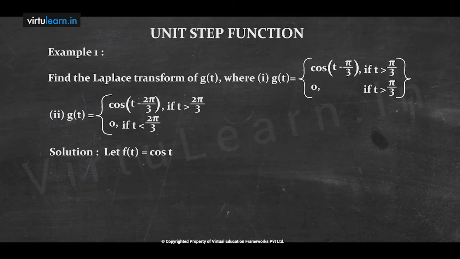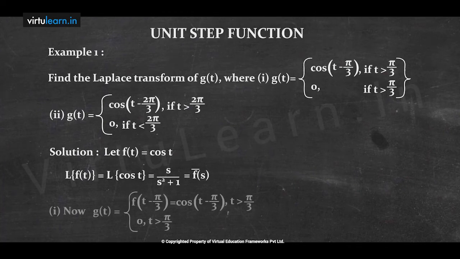Now Laplace transform of f of t equal to Laplace transform of cos t, which is s by s square plus 1, f bar of s. Now Laplace g of t, they have given this function, g of t equal to f of t minus pi by 3 equal to cos of t minus pi by 3 when t is greater than pi by 3, 0 when t is less than pi by 3.